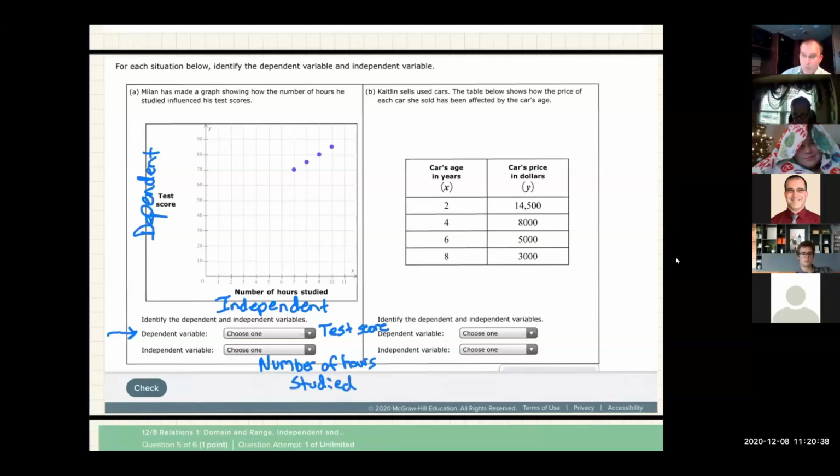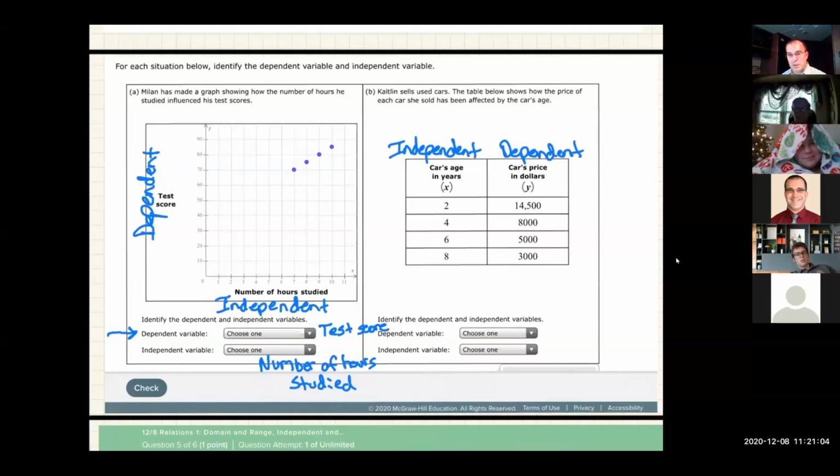Okay, and then when we have a table like this, it's still the same idea. X variable, think of it as independent, Y is dependent. So in a table, that means the left column is going to normally have your independent variable, and the right column is going to have your dependent variable. It makes sense. How much a car costs is very dependent on how old it is.